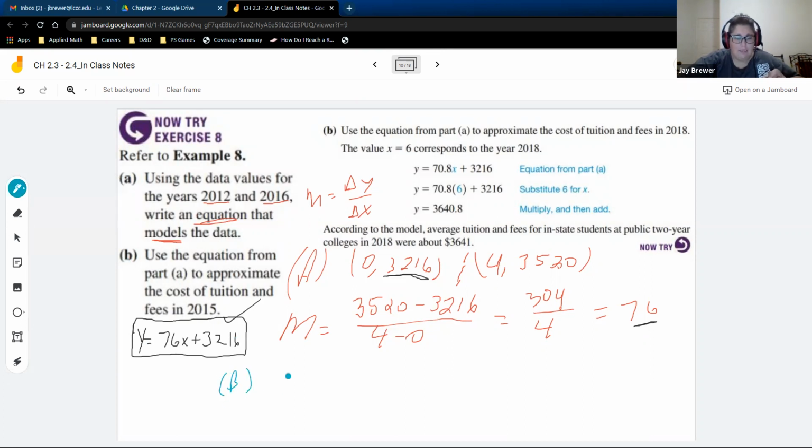All right, let's work on B. B says use the equation from part A, right here, to approximate the cost of tuition in 2005. So if 2016 was 4, 2005 we're going to write as 3. So that would just be y equals 76 times 3 plus 3,216.